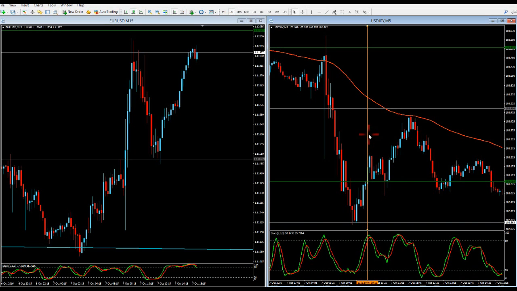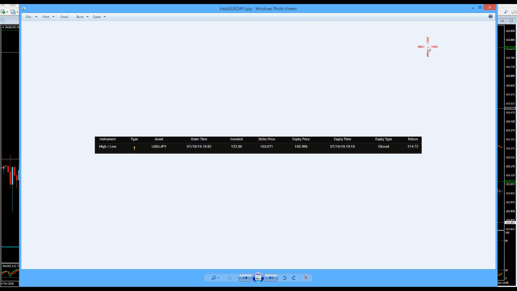So the next trade that I wanted to show you was based on the same asset, USDJPY, but on the 15-minute time frame this time, which is here. I don't have the chart picture because I signed out of the platform before it closed.